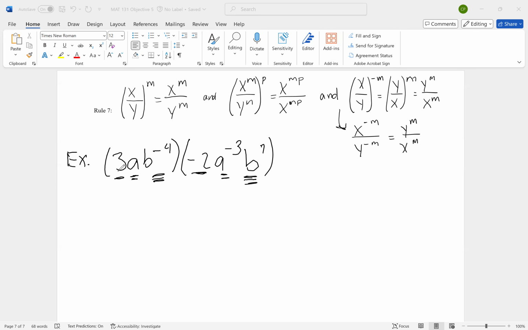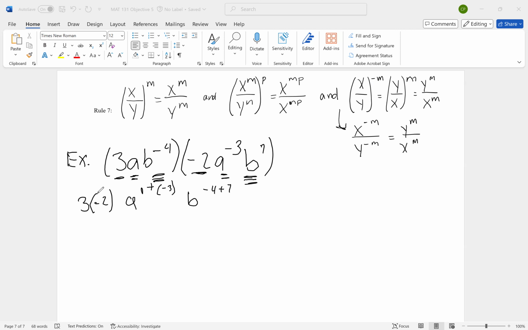So we'll have to do the 3 times the negative 2. We'll have to do our things that have the base of a. So we'll have the exponent of 1 plus the exponent of negative 3. Then we can look at the things that have a base of b. We have negative 4 plus 7.